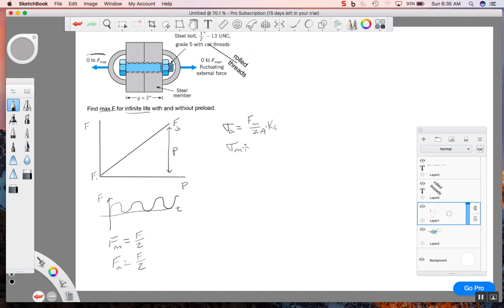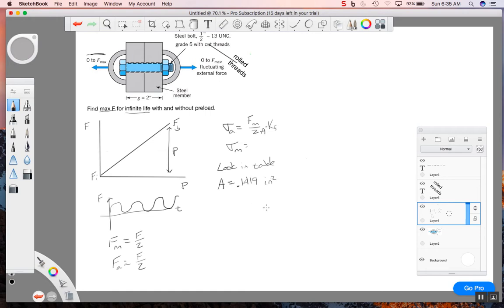Well, I look up in the tables. Looking in the table, I find that the area for this particular bolt is 0.1419 inches squared.